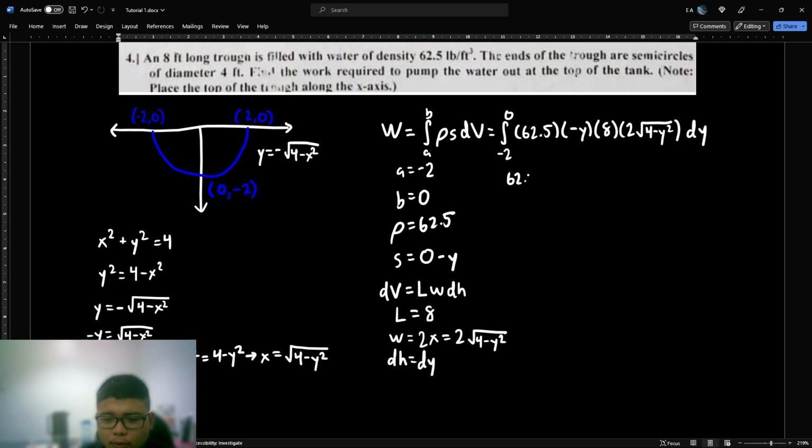So it's 62.5 times 8 times the integral from negative 2 to 0, and we could also take out the negative sign. Negative 62.5 times 8 times 2 times the integral from negative 2 to 0 of y square root of 4 minus y squared dy.